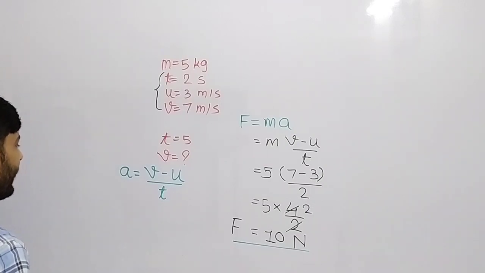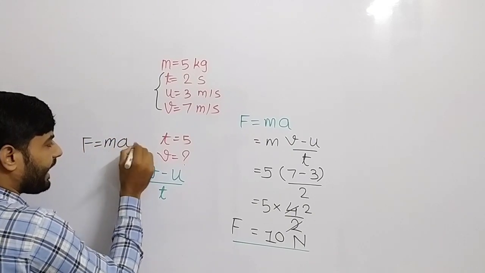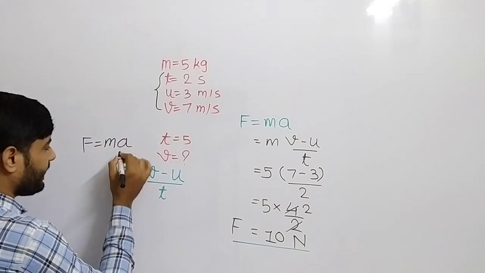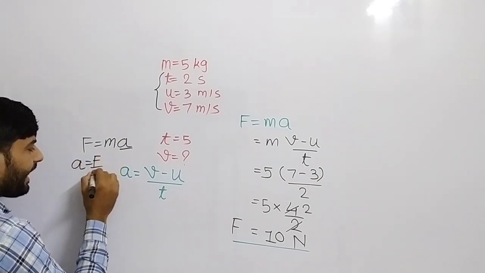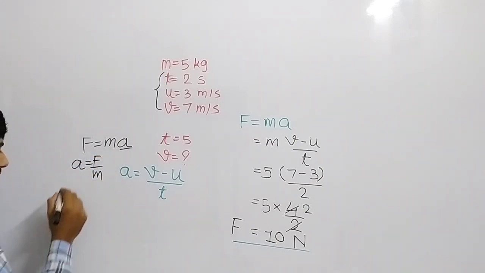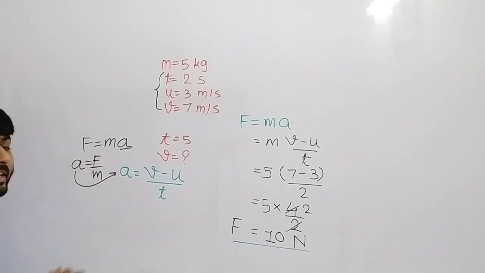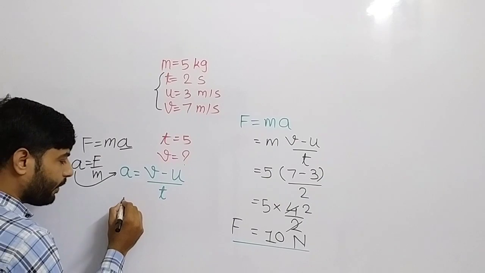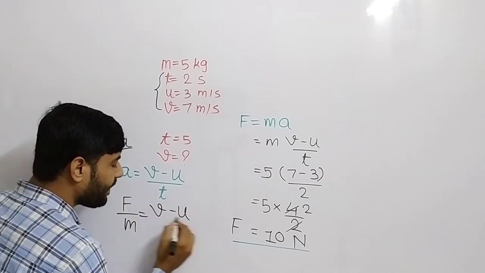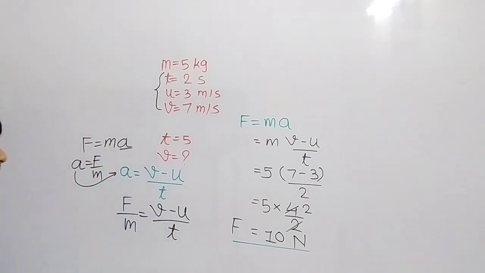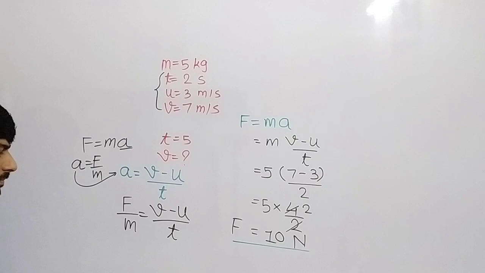And we have the formula F is equal to ma. Make a the subject here. So I got a is equal to F divided by m. And put this value of a here. a is F divided by m. So I put F divided by m is equal to V minus U divided by T. Now we have force is 10 Newton.